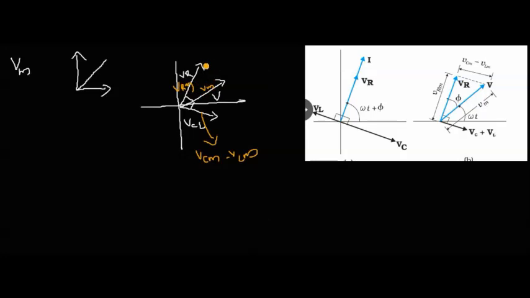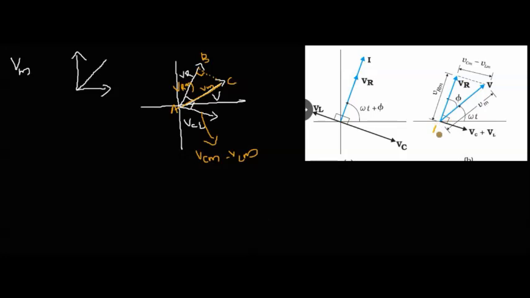Now to get VM, we are using Pythagoras theorem. To apply Pythagoras theorem, we have to construct a right angled triangle. So from this line, I am drawing a perpendicular, then this will be 90 degree, and this will be the hypotenuse. I am marking this as ABC. It is clear from this diagram.